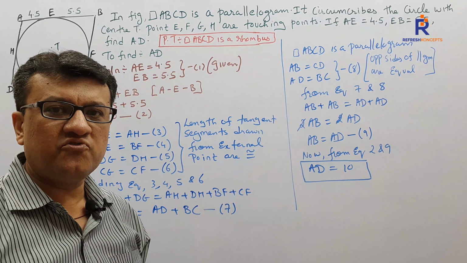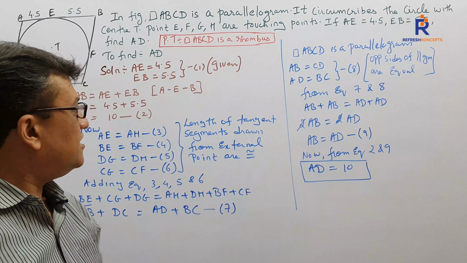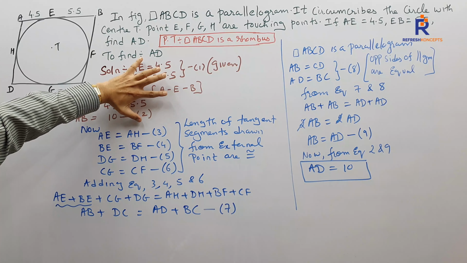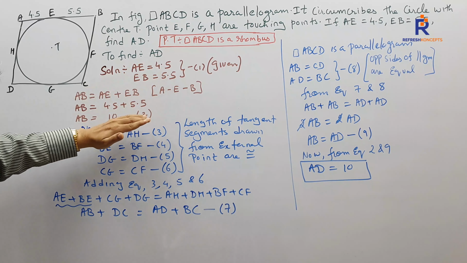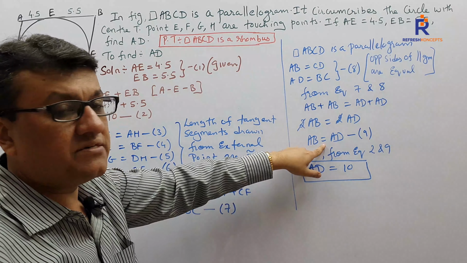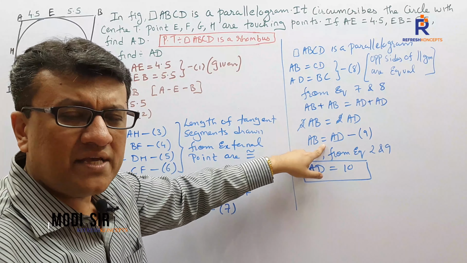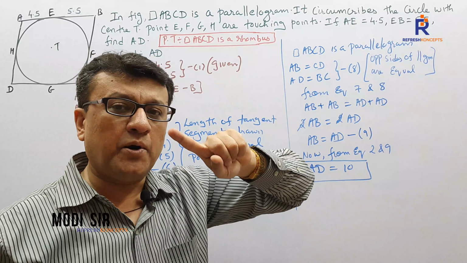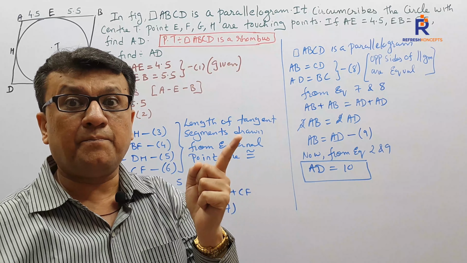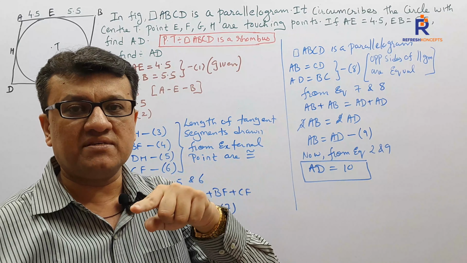Now how can I prove it is a rhombus? Let me tell you what will not come into the picture. Our sum shall start from here and end over here. Sir, how can a parallelogram get converted into a rhombus? What makes a parallelogram get converted into a rhombus?